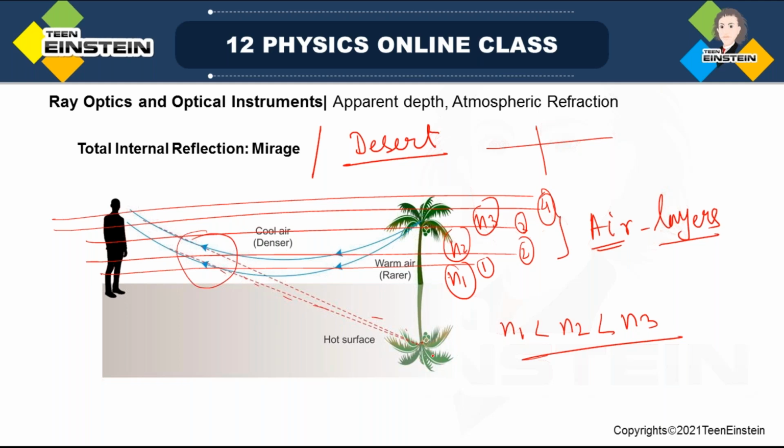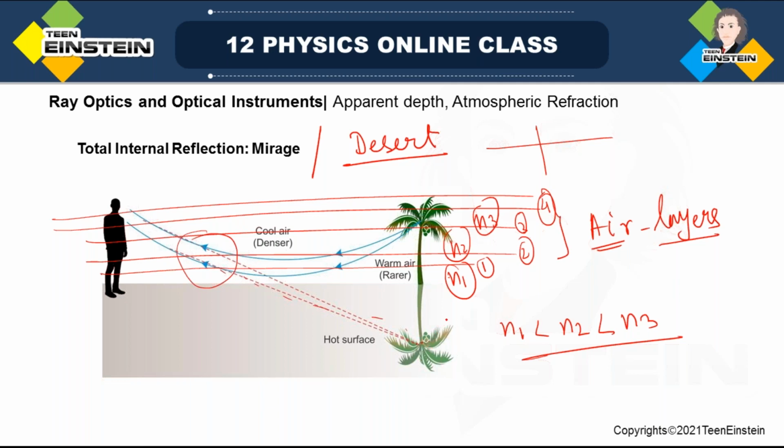We can see the image, but how do we feel it like water? Because air will be flowing, there will be temperature fluctuation. Because of temperature fluctuation, the refractive index of each layer will fluctuate, and because of that fluctuation, the position of the image will be fluctuating.